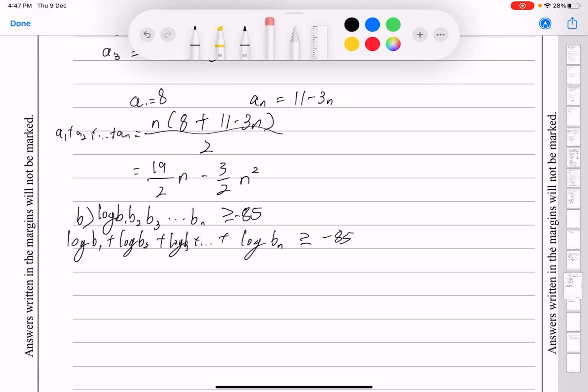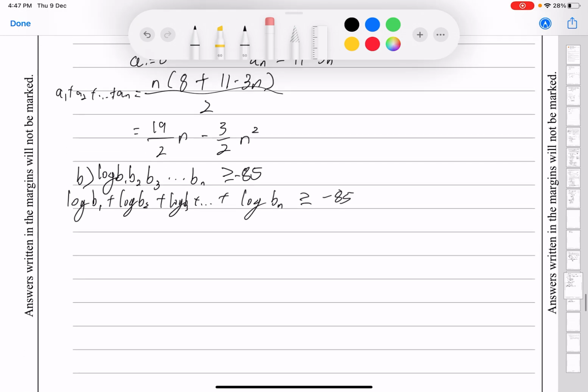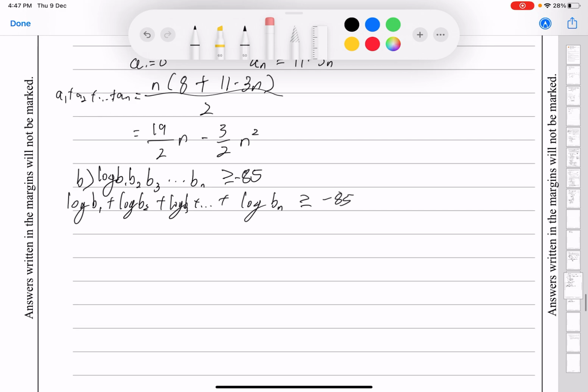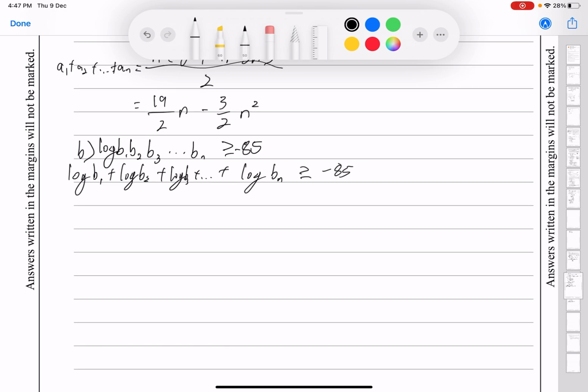So it would be simply like this: A1 plus A2 plus A3 plus ... plus An is larger or equal to minus 85.